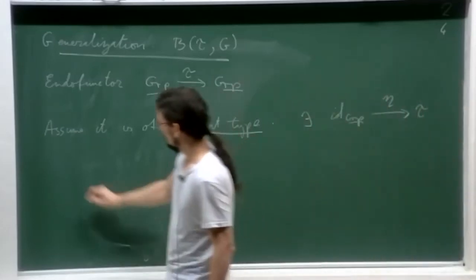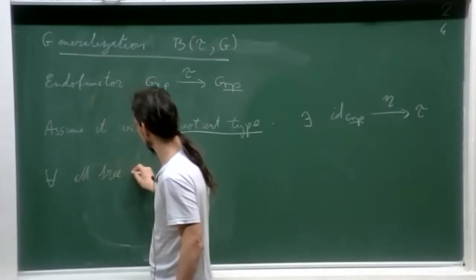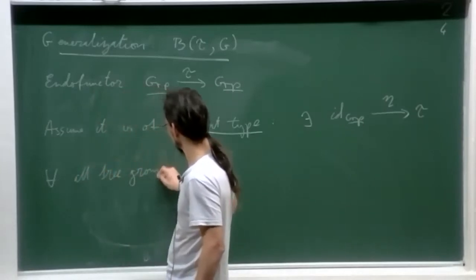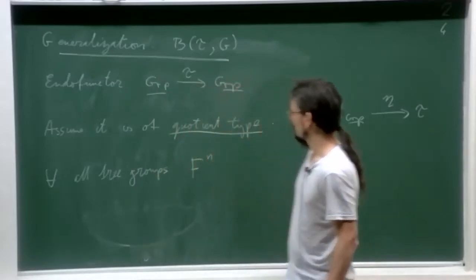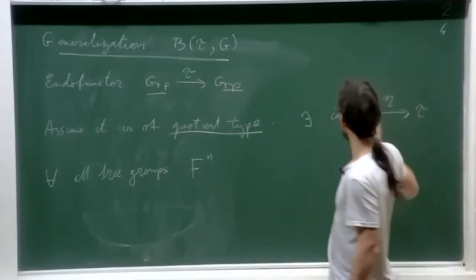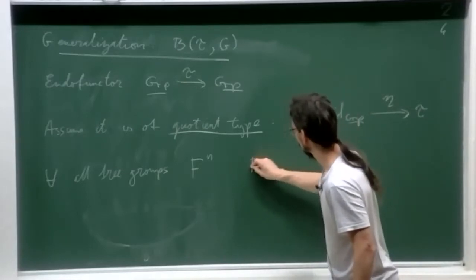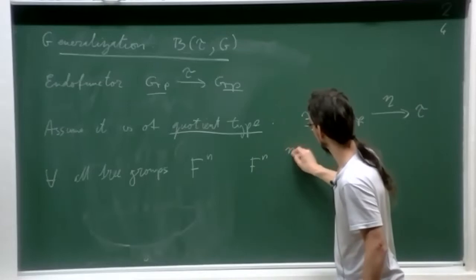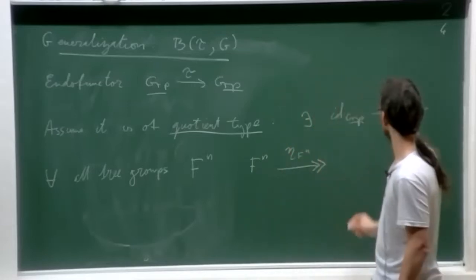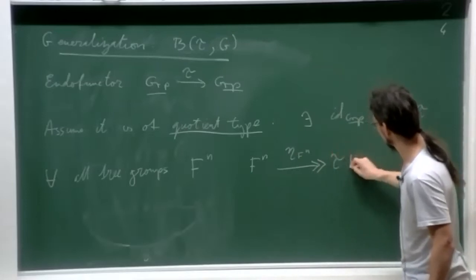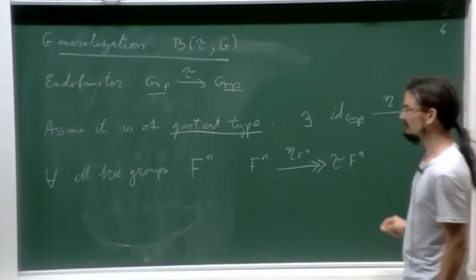And then for all free groups of a finite number of generators, we want this eta to be a surjective map. So this is what we'll need for our theorems to work.